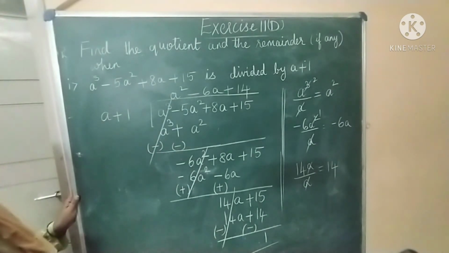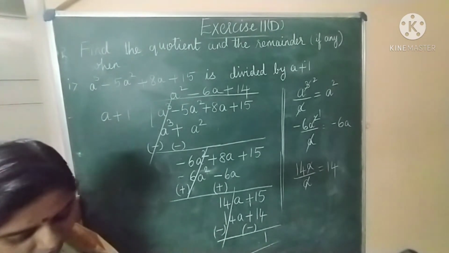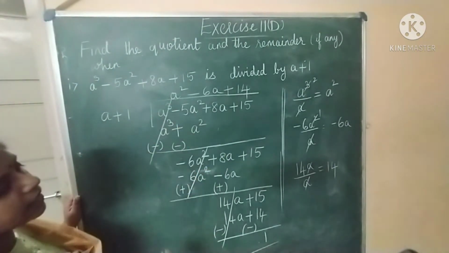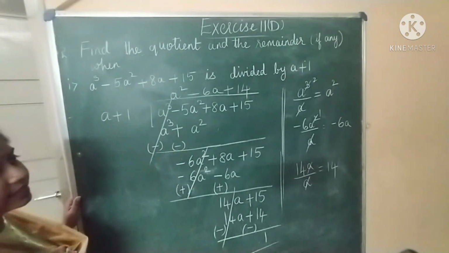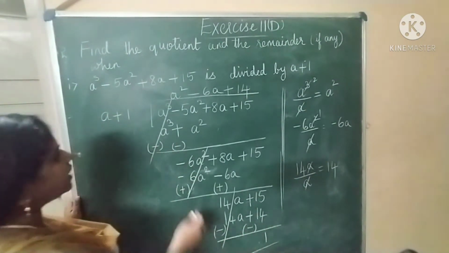Now next, according to the question, what is the question? Find the quotient and remainder, if any, when this is divided by a plus 1, and in each case, verify your answer. It also asks you to verify the answer.